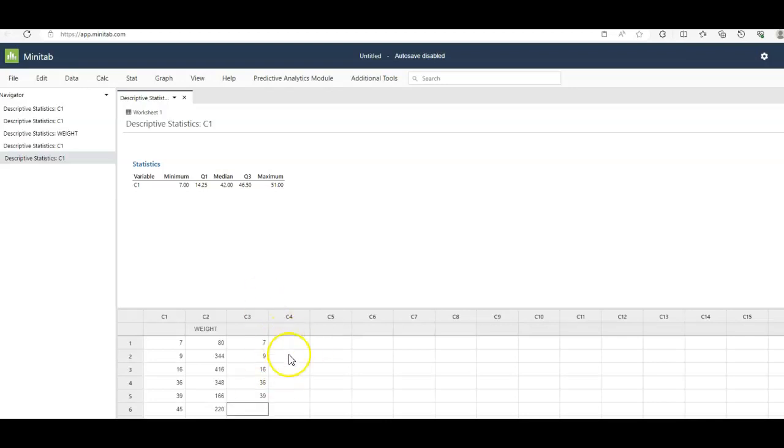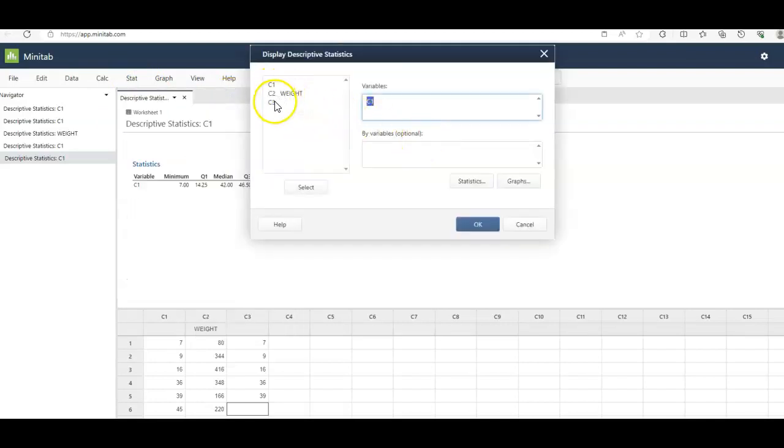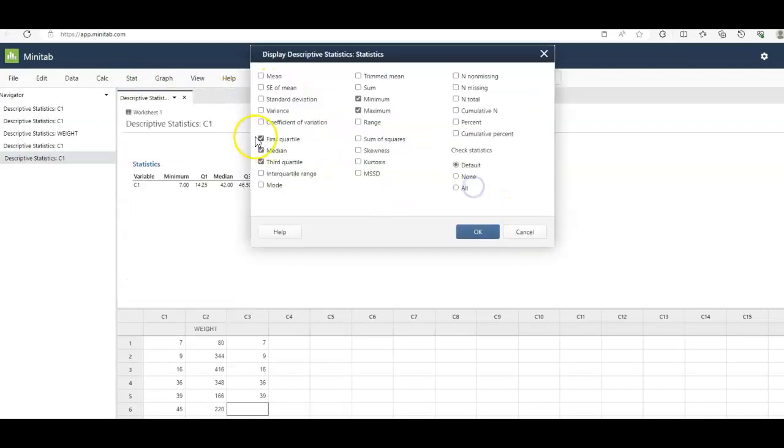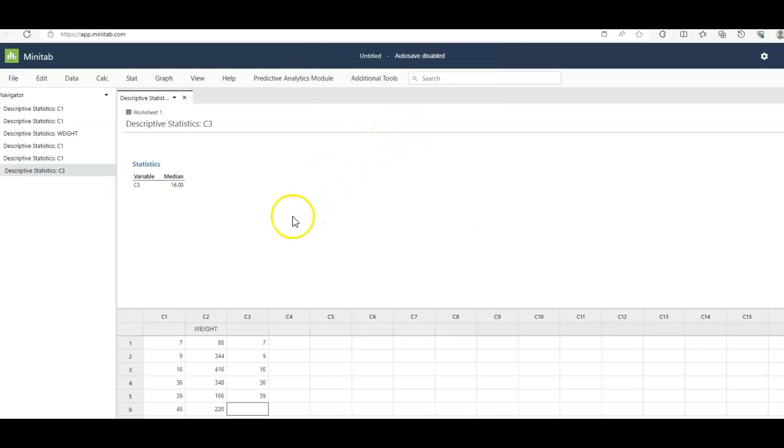And then you could have it find the median of that lower half of data. So we could go stats, basic statistics, descriptive. That would be C3. And then I would want the median. And then we would know that that median would be that quartile for that lower half.